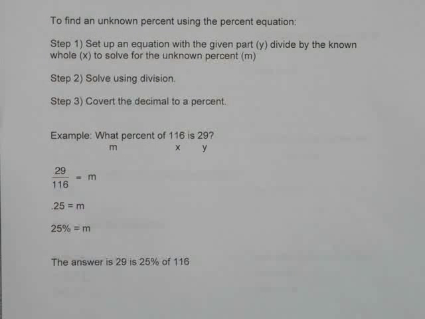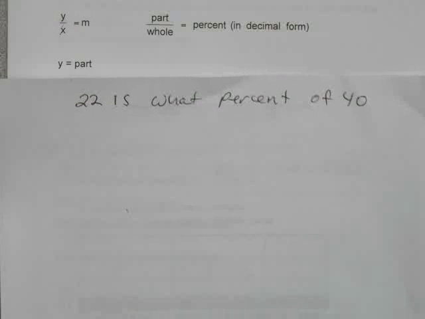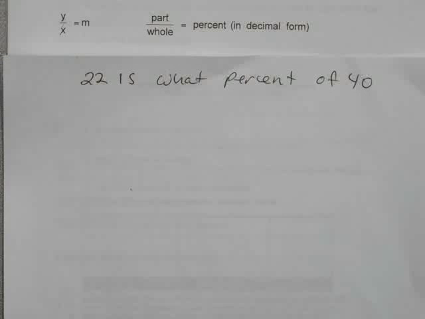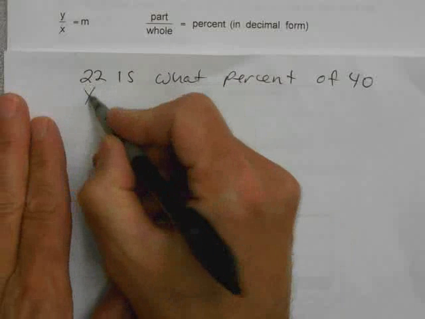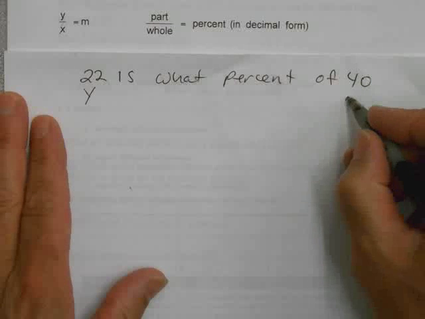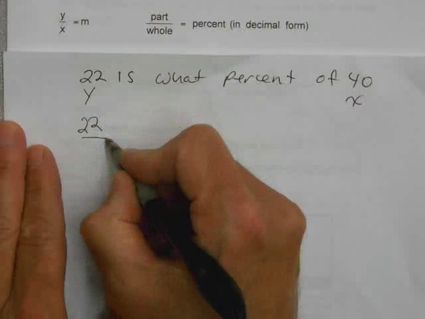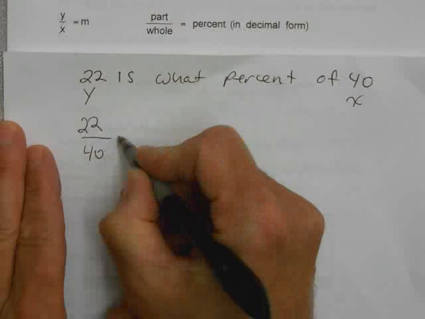Let's take another problem and take a look at what that would look like if we try to do it this way. All right, 22 is what percent of 40? So 22 is our part, 40 is our whole, and if I take 22 and I divide it by 40, that's going to equal our percent, which we're representing by m.